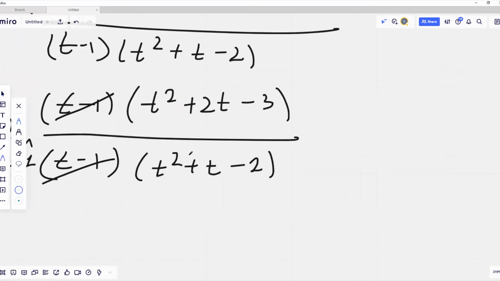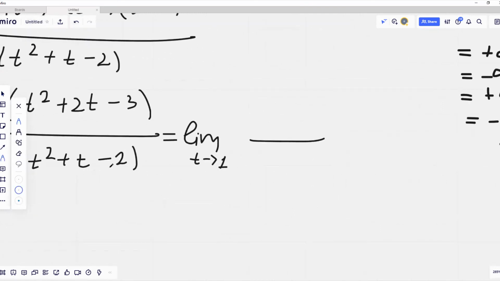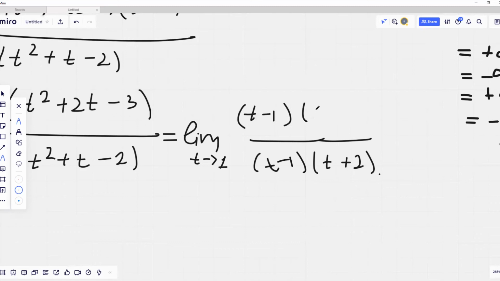We can further expand this too. So we'll have limit. One of the roots is 1. The second root is minus 2. So here, one of the roots is again 1. Second root is minus 3 over 1, so t plus 3. Okay, so the answer is then 4 over 3.